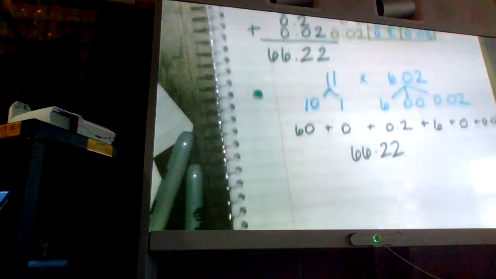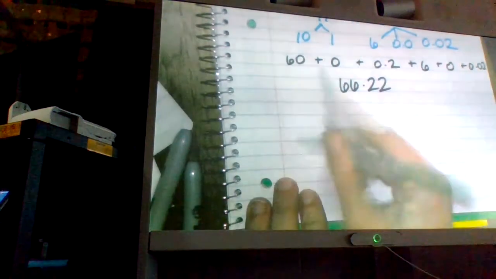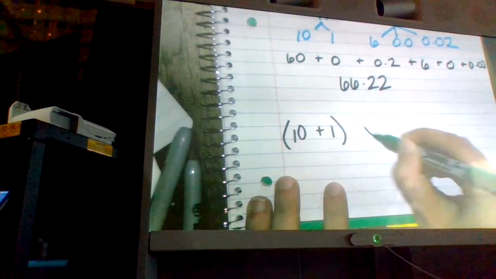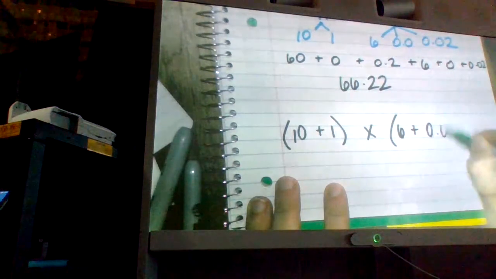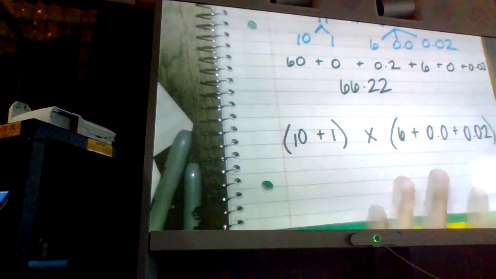Now let's do the same work, but with a distributive property. So I have 10 plus 1 times 6 plus 0 plus 2/100.